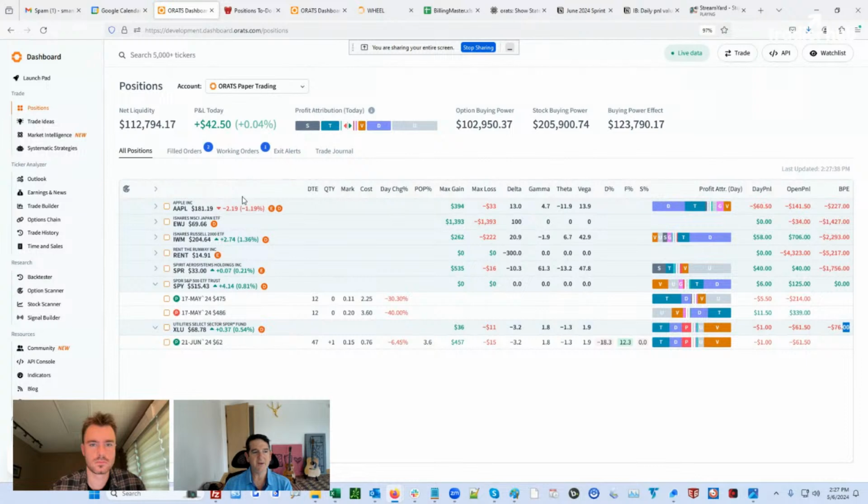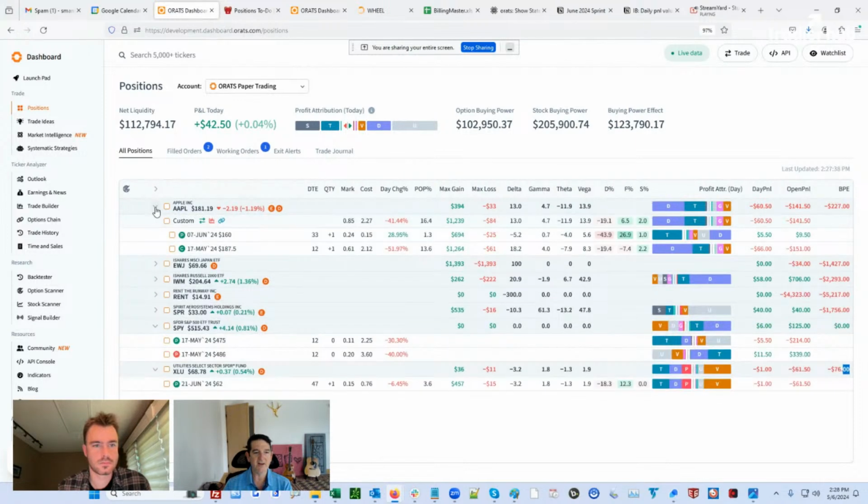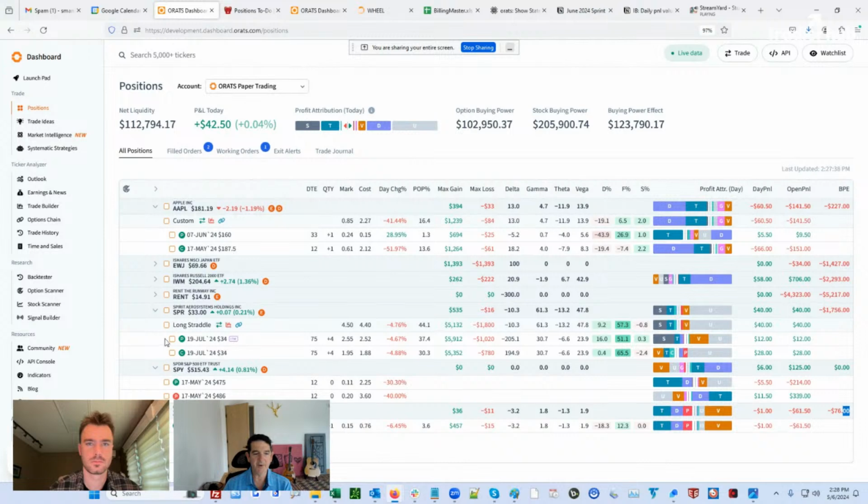The page that I think I spend the most time on is the positions. I have these positions in front of me, and I also have things that I like to do. What did I put on? I put a straddle on in Spirit Aerosystems. This is this Boeing deal.